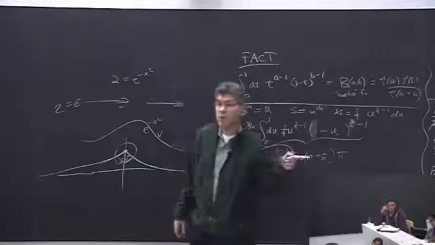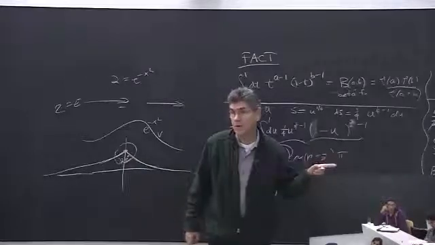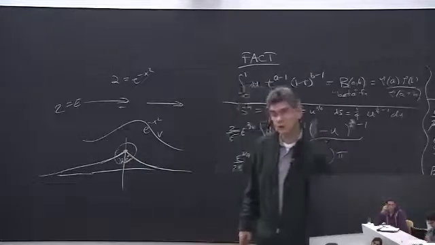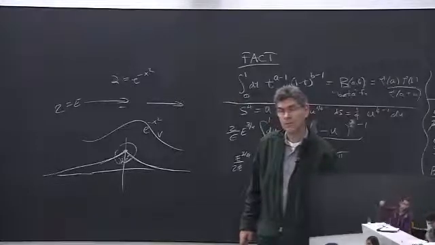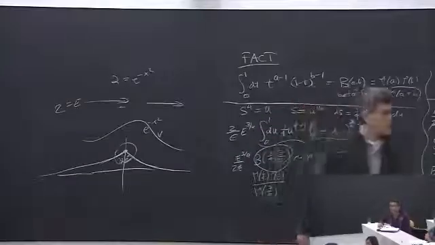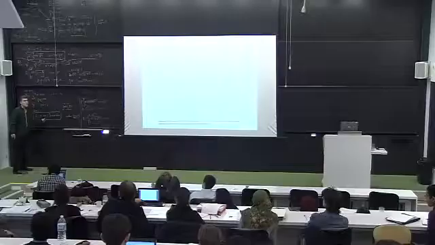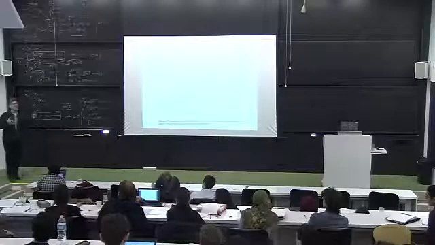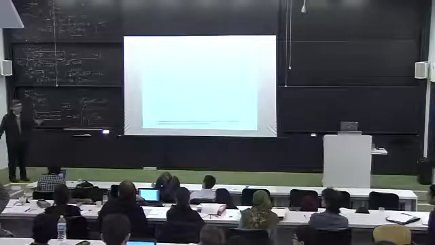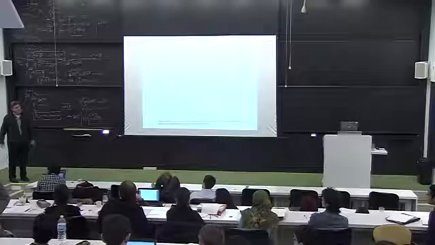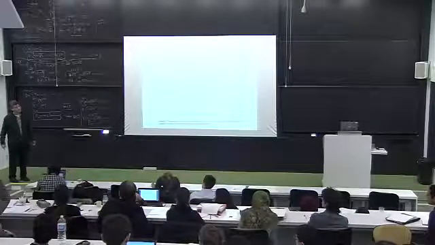But in our problem, we could ignore them, because we stuck entirely on the real axis. So if we don't ignore them, does this change the eigenvalue? No, because it gives you a subdominant correction. So it gives you a correction to this formula, which is exponentially small, e to the minus n or something like that, or e to the minus n squared. And that is negligible if we're doing Poincare asymptotics.